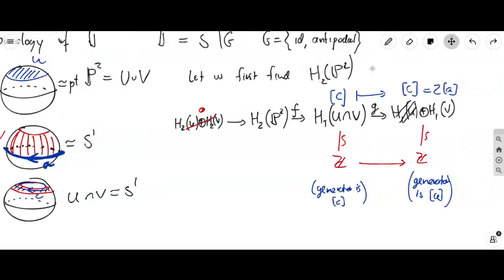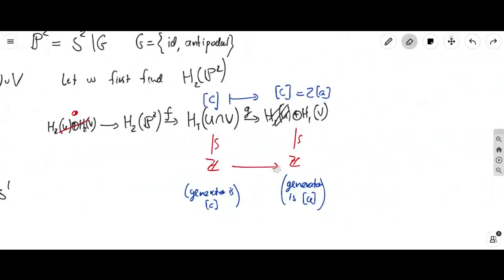So in terms of generators, because you're trying to understand this map in terms of generators, the generator here gets mapped twice to the generator over there. So really, this mapping is not the identity mapping, it's the doubling map. It maps an integer to twice the integer. So this is the mapping over here.